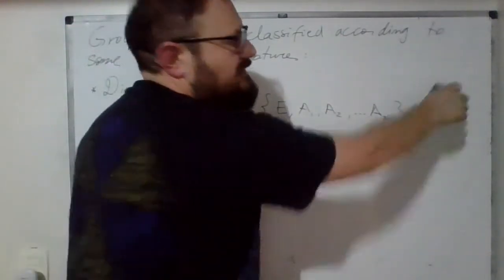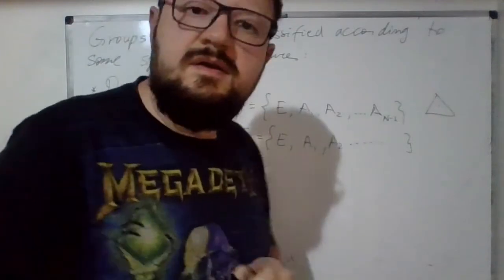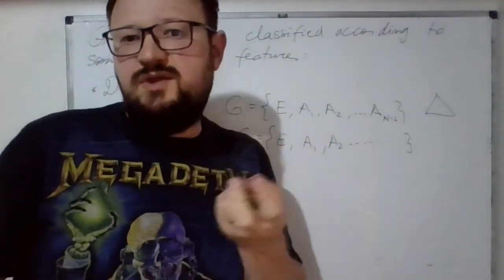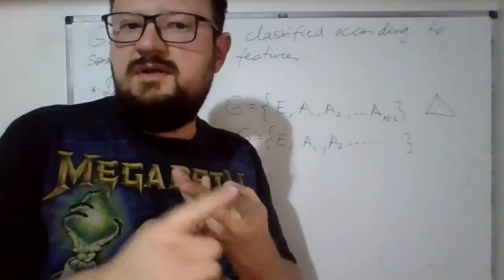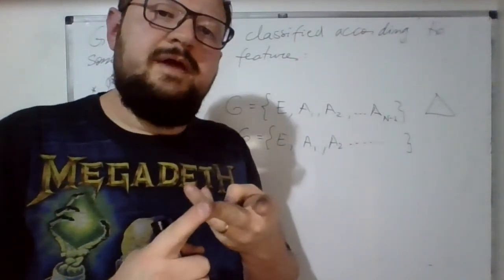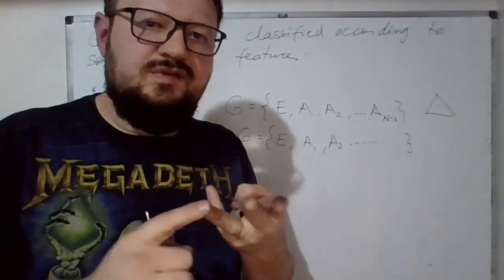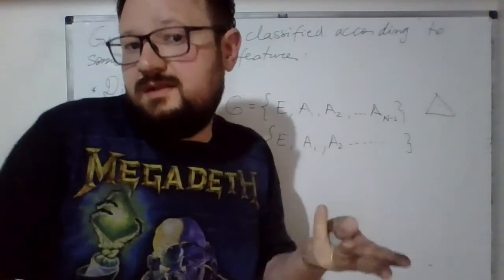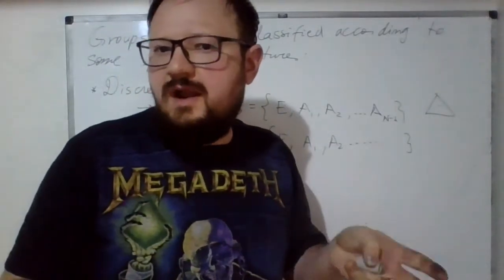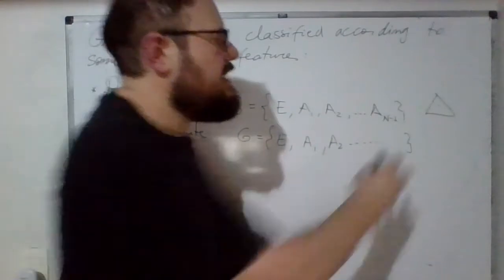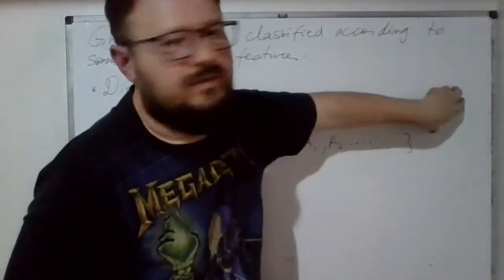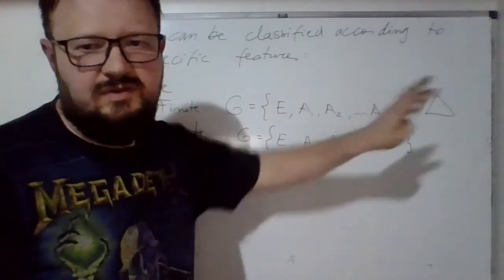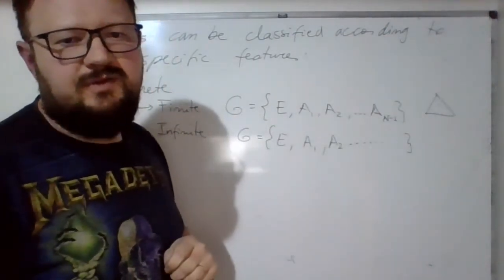There are also reflections here, but if you are just considering rotations in a triangle, there are just 3 operations: the identity, a rotation by 120 degrees, and 240 degrees, or minus 120 degrees. No other rotations are allowed. If you rotate the triangle by 60 degrees, the triangle will not coincide with itself. So it's not a possibility.